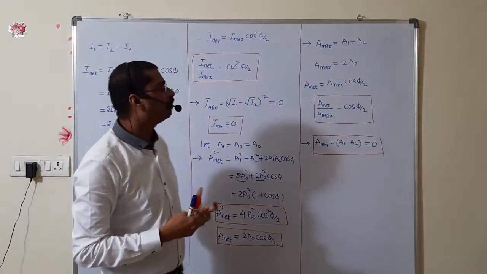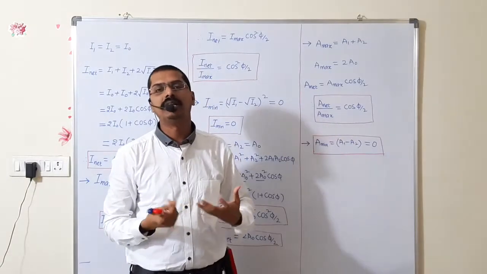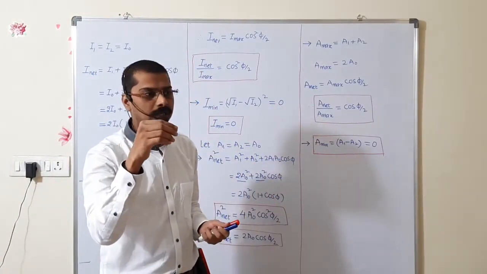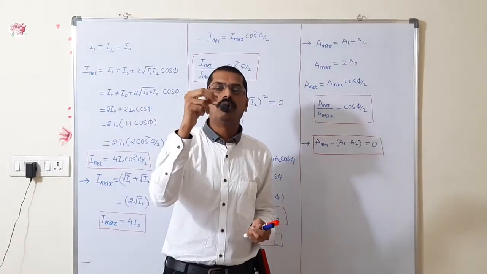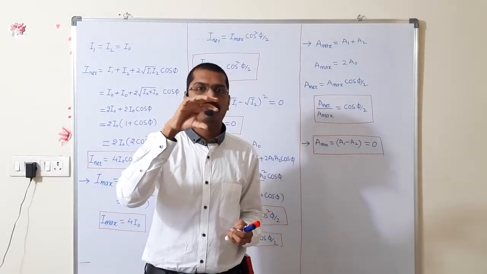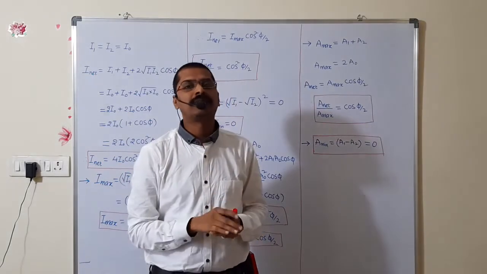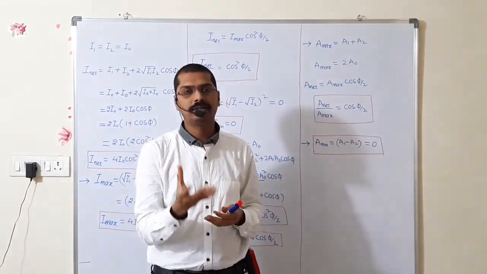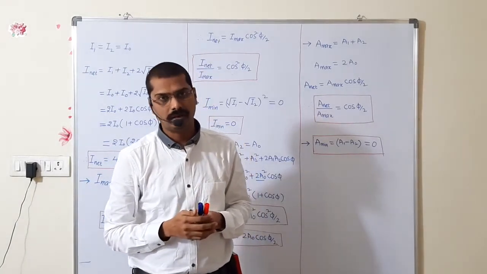Then interference of light, where can we observe it in daily life? We can observe it in a thin oil film on water. That time, on this thin oil film we can observe brilliant colors due to the interference of light.